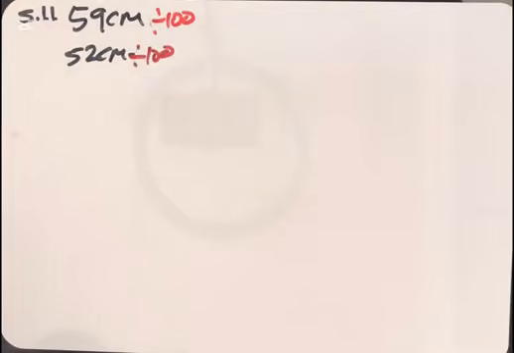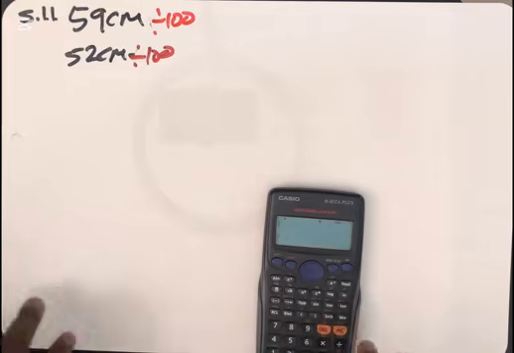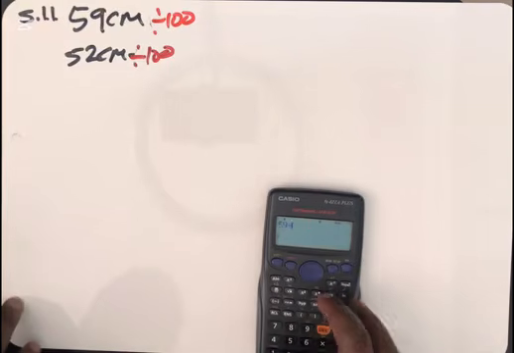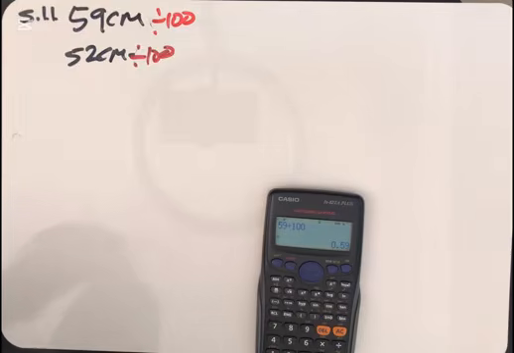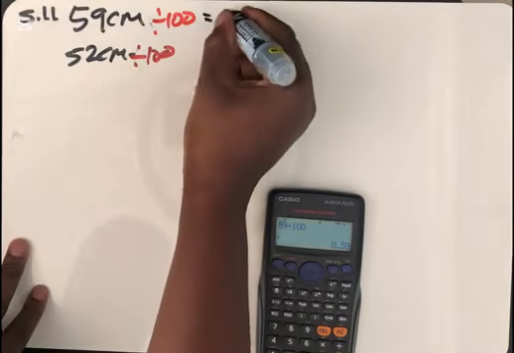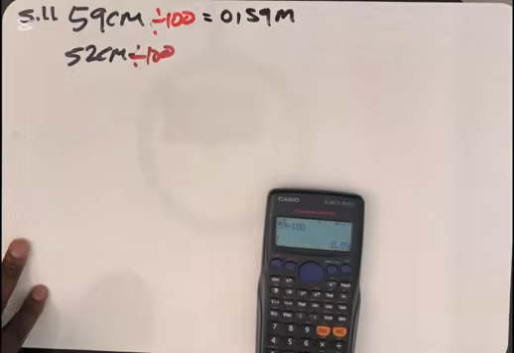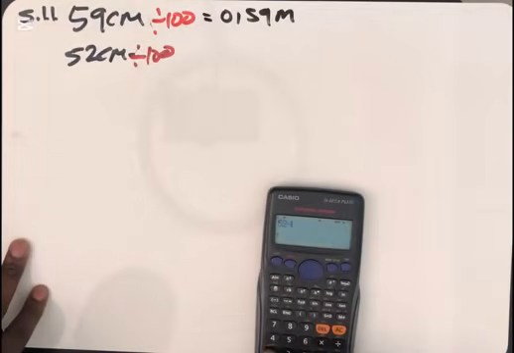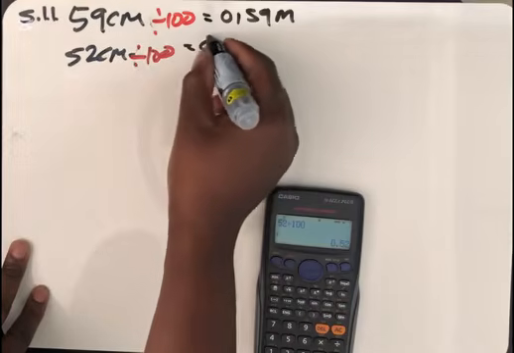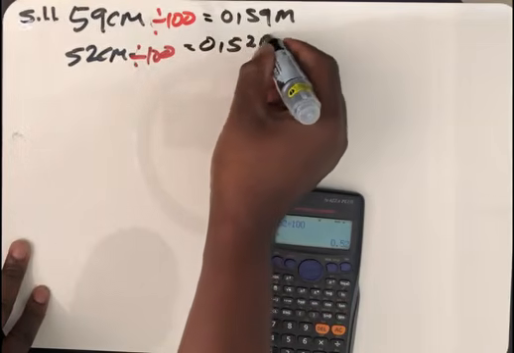59 divided by 100 is 0.59 meters. Do the same here. 52 divided by 100 is 0.52 meters.